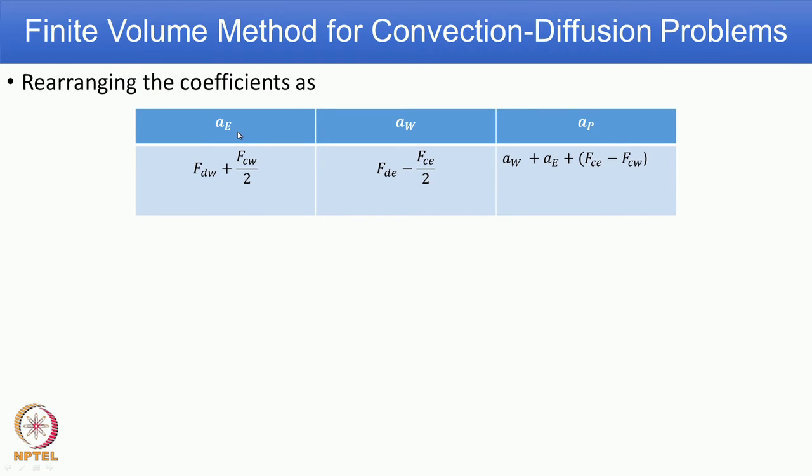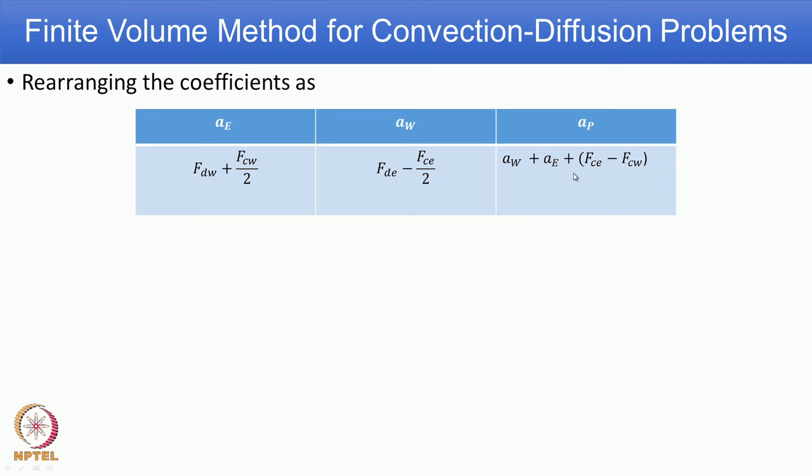So, we have AE as defined: FD evaluated at the east face plus FC by 2, then AW written as shown here. So, you are able to write the coefficient AP as the sum of the coefficients for the west node, east node, and this subtraction.